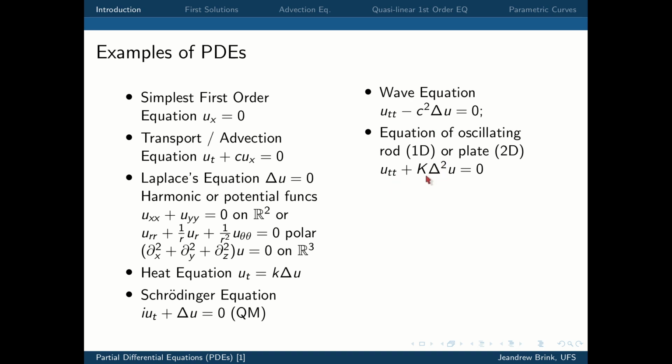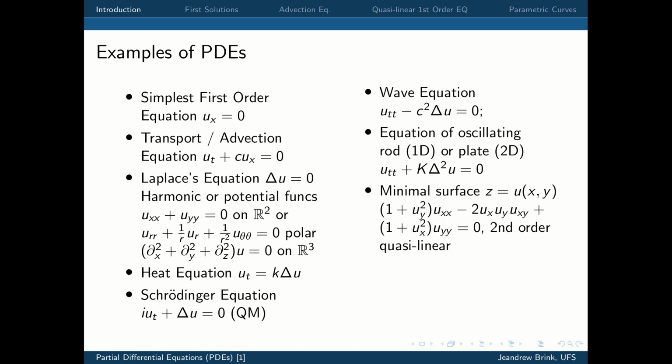So there are going to be 4 derivatives with respect to x, y and z. It's simply d_xx plus d_yy plus d_zz, all squared. So it's a 4th order equation. We're not going to look at that one so much, but there are certain things you can say about that as well.